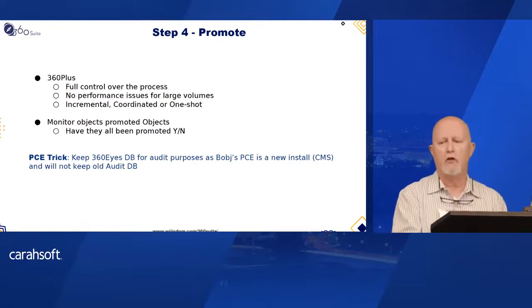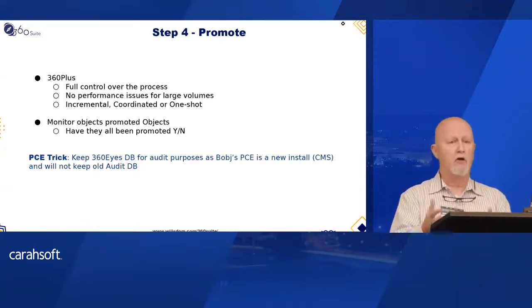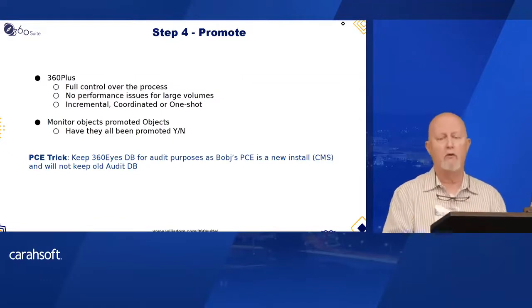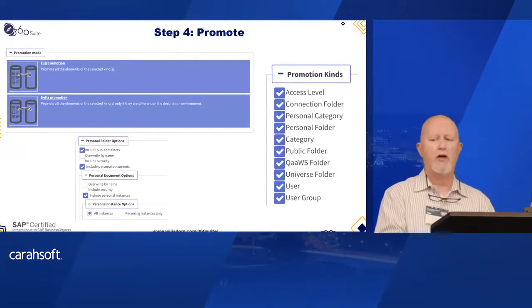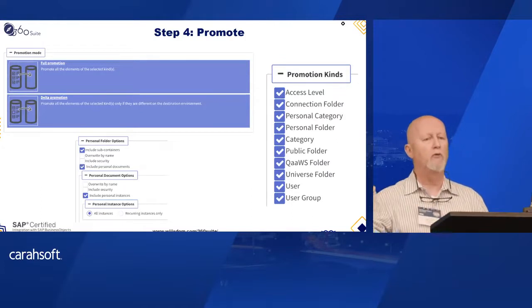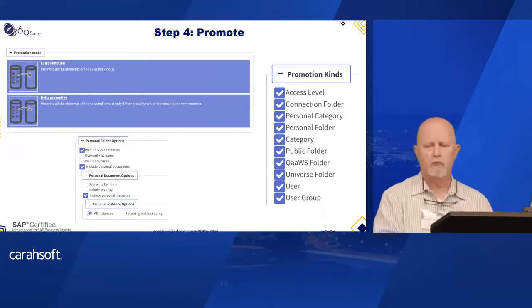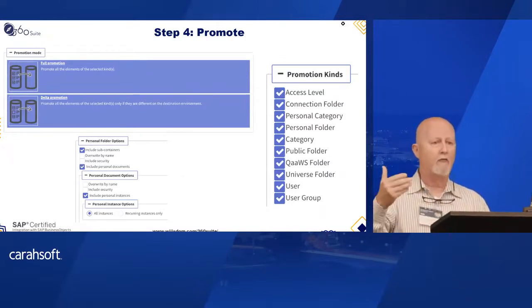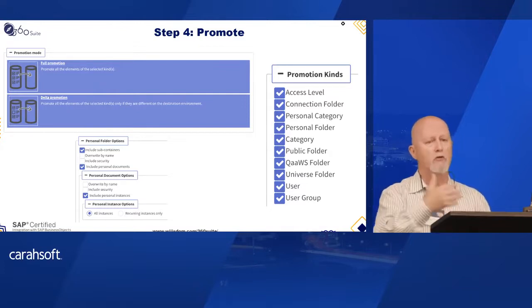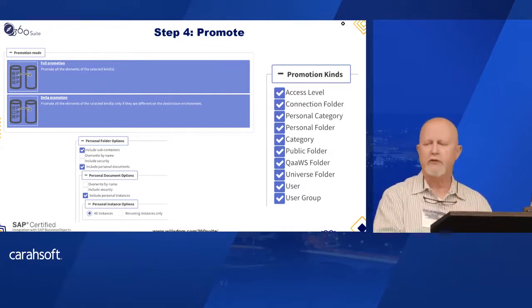You can manage your dependencies. It can be done in one shot, incrementally, or there's also a delta option that we'll revisit after your initial promotion. You can bring in the delta, but we'll cover it.